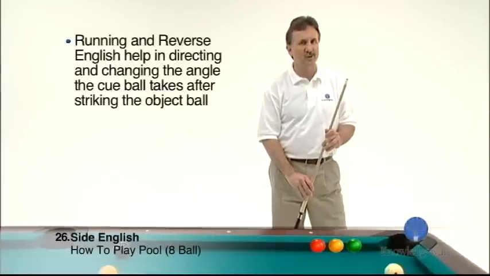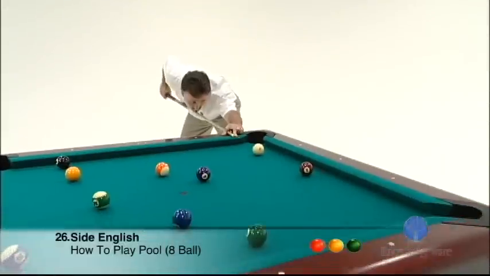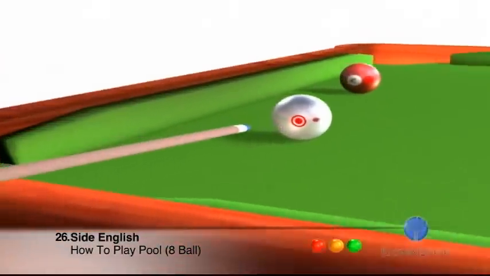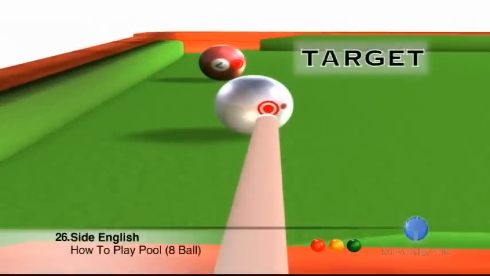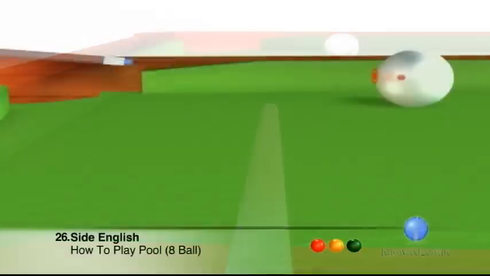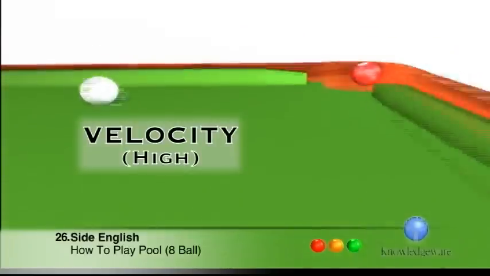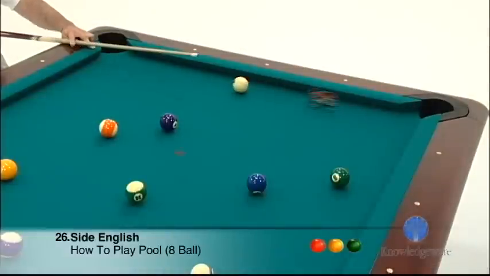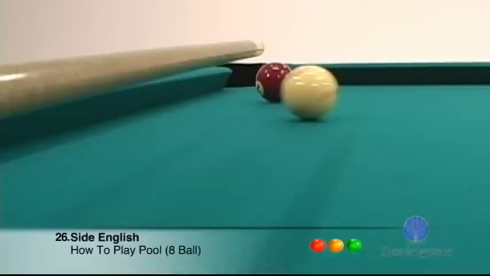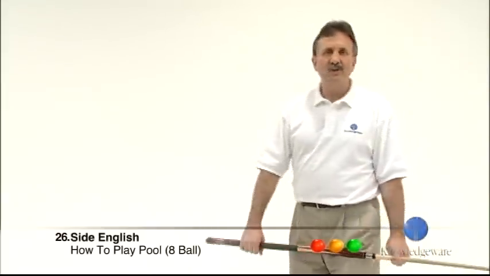These both help in directing or changing the natural angle that the cue ball takes after striking the object ball. Let's demonstrate reverse English.